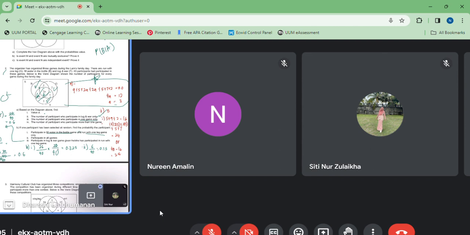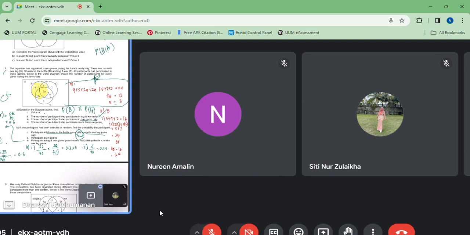And then intersection. If it is intersection, we need to use the multiplication rule. So basically, probability of B times probability of G, the one leg game. So what will you get? Probability of B means the whole thing, this whole thing.